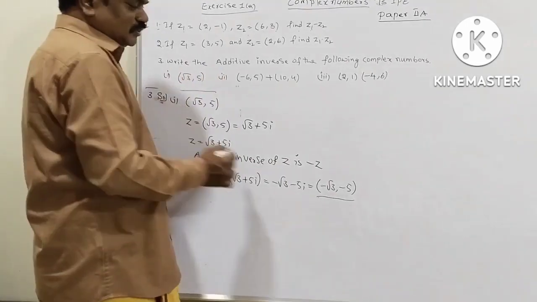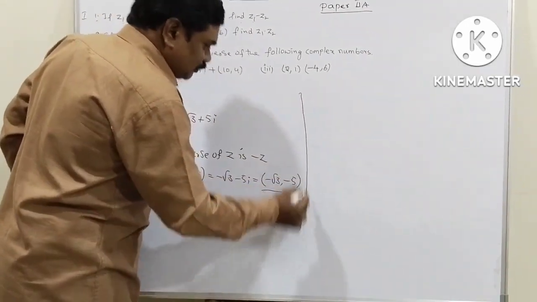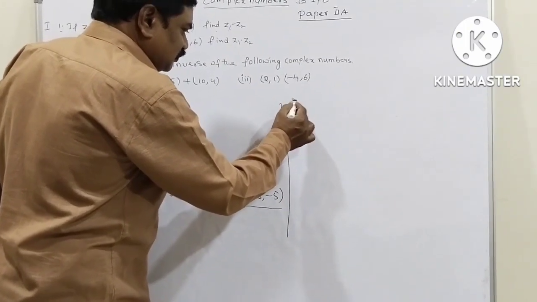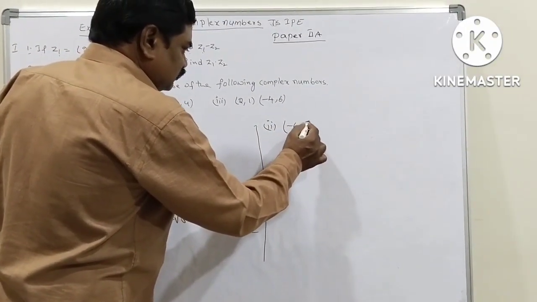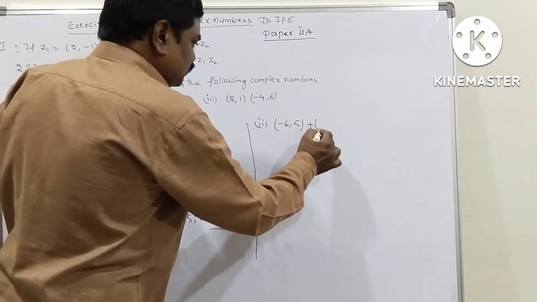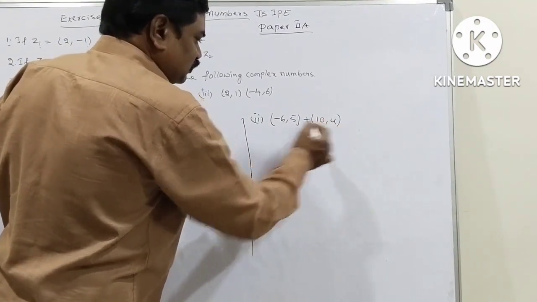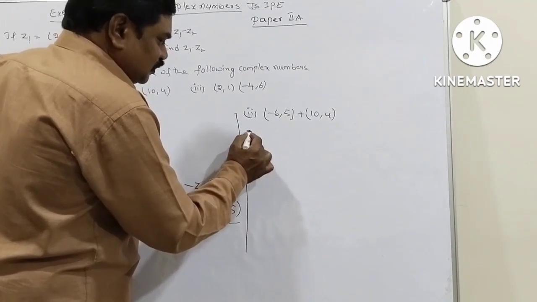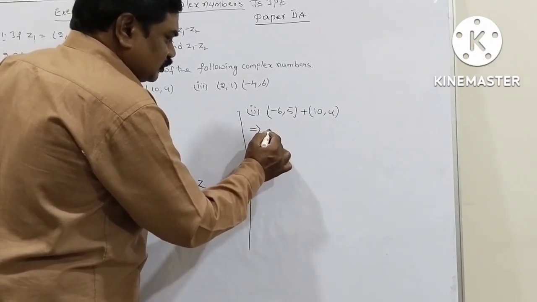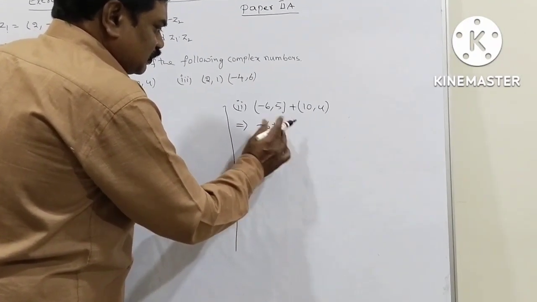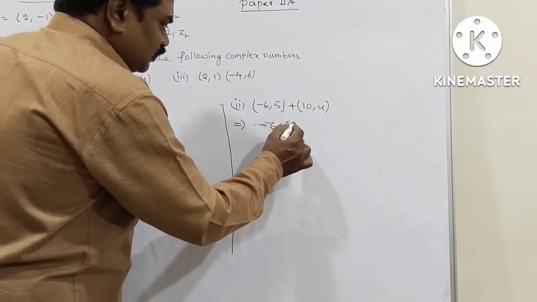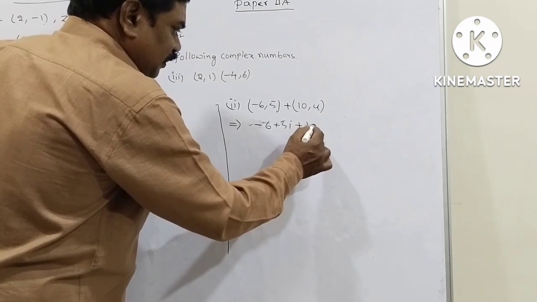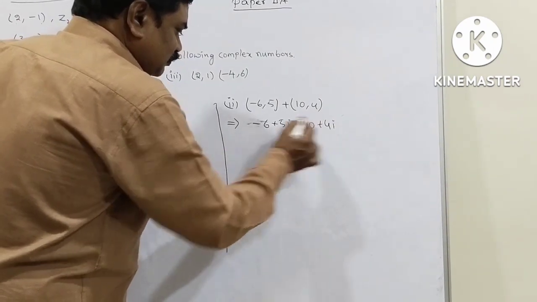Next we go to the second problem, which is given as (-6, 5) plus (10, 4). This can be written as minus 6 plus 5i plus 10 plus 4i.